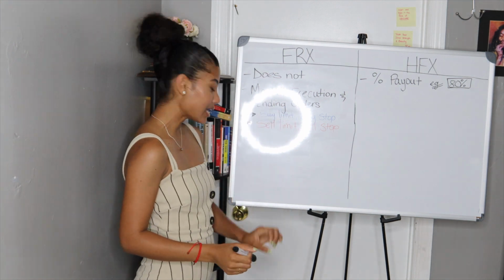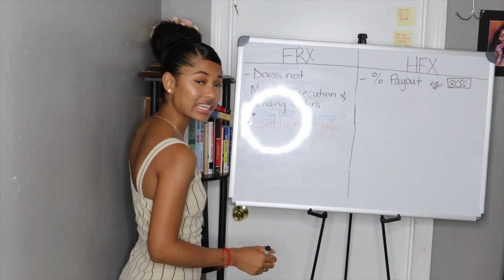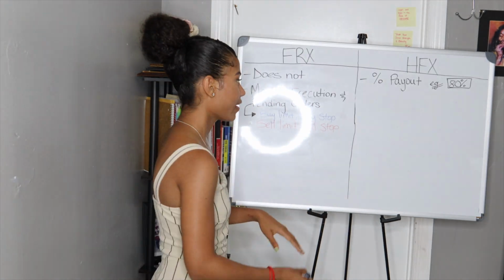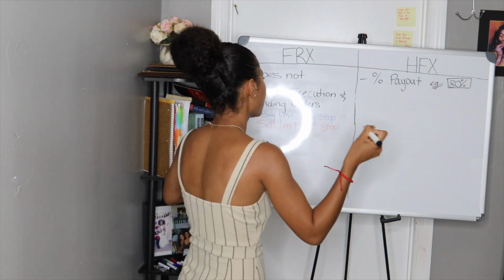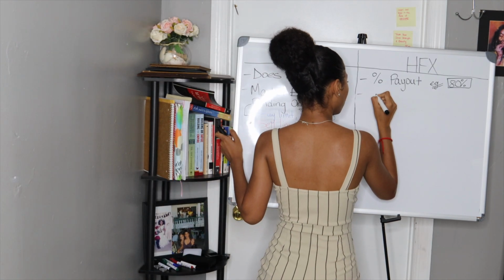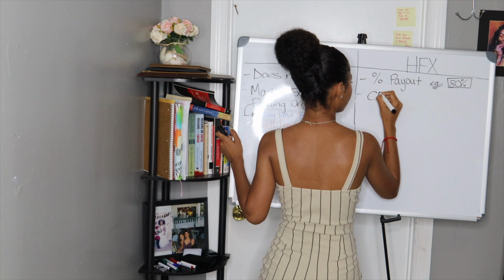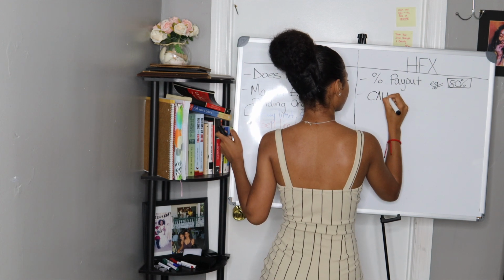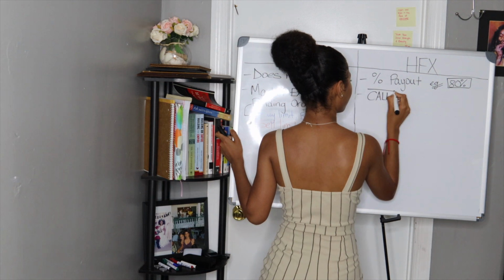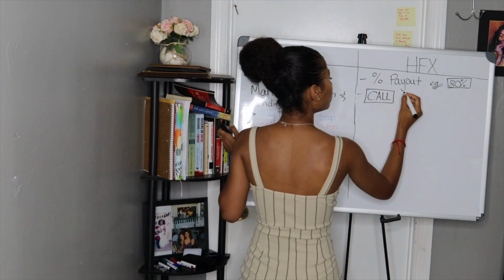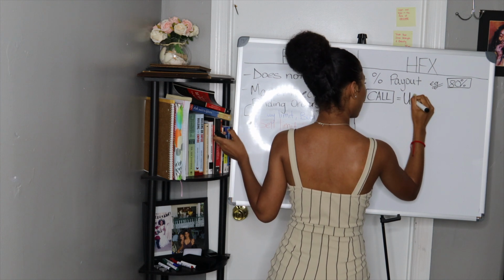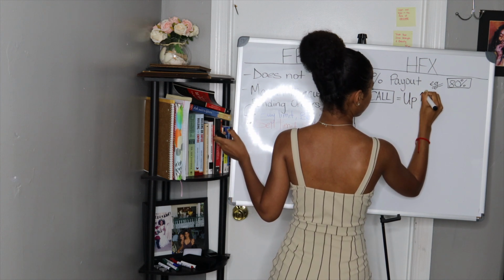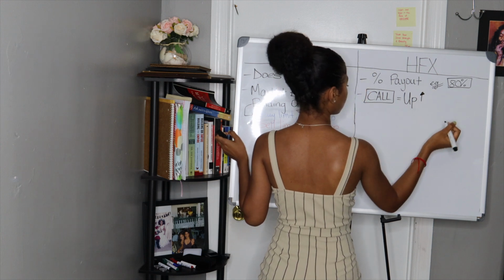What HFX has though is two buttons, literally just two buttons, right? So one of which is call, right? You have call. Which just means that the market is going up. All right.